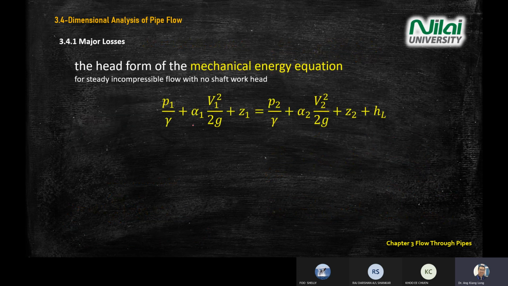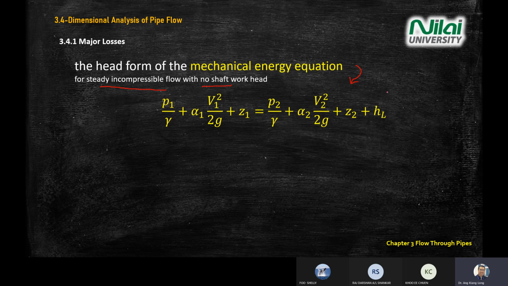All right. Now, this is an important equation for today. When we talk about major losses, and you're having a steady incompressible flow with no shaft work head, then the mechanical energy equation you can write in this form. We covered this equation when we talked about the Navier-Stokes equation, I think last lecture. All right.